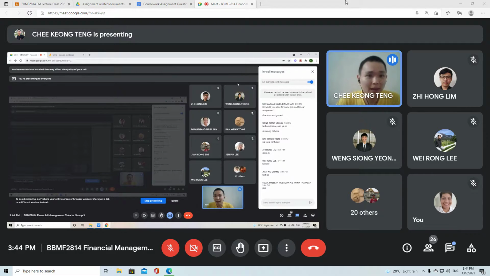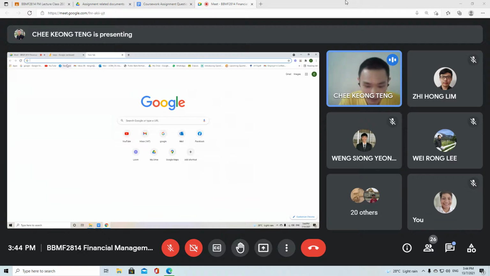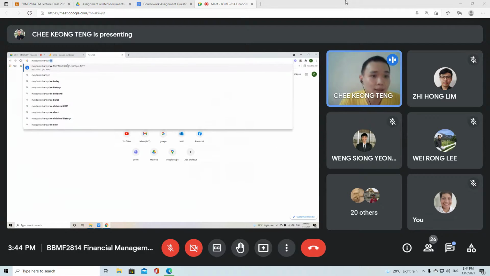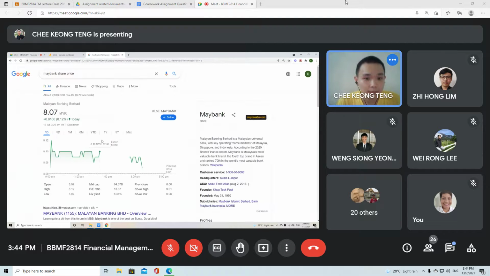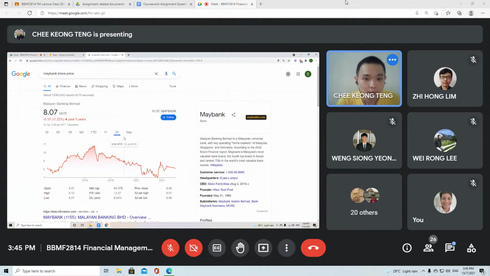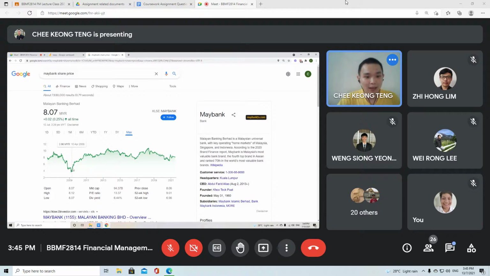If you look at Maybank, Maybank's share price over a maximum of 10 years, from 10 years ago it was here, you see, 9 ringgit, until today. This one is adjusted for all the bonus issues, so it is already a fair price.